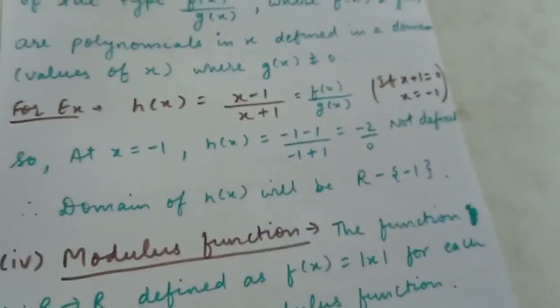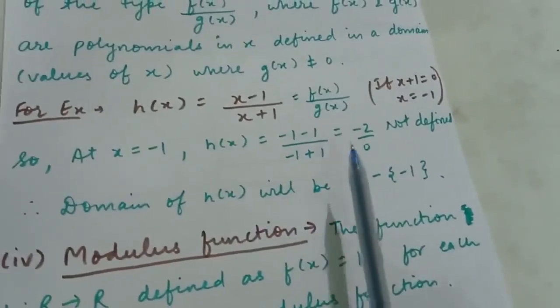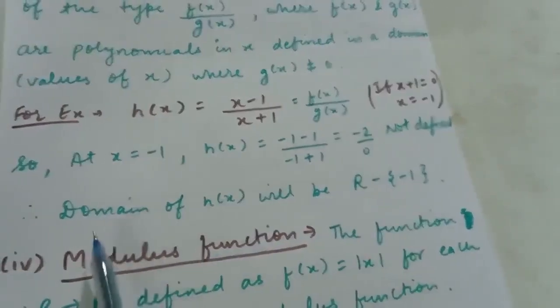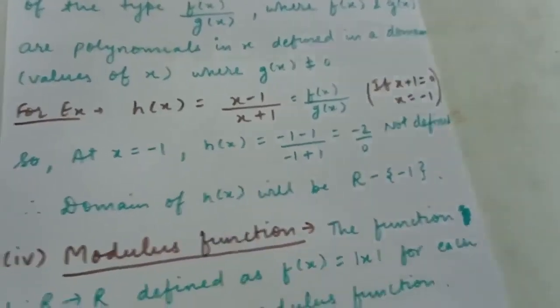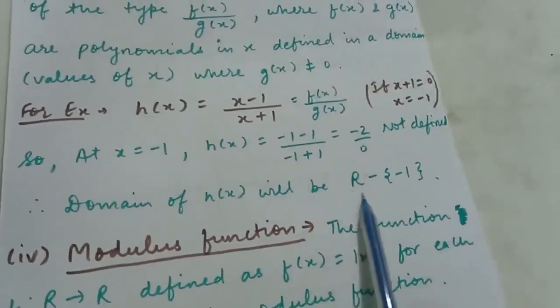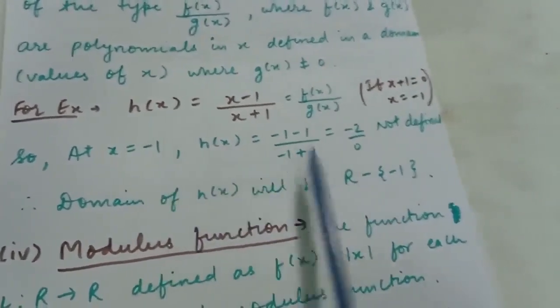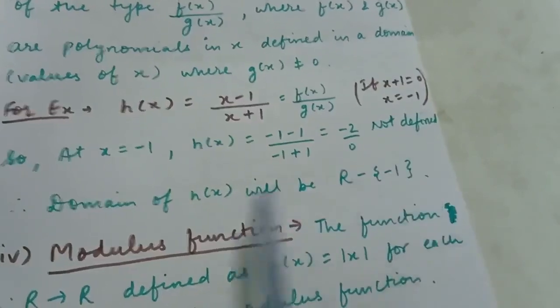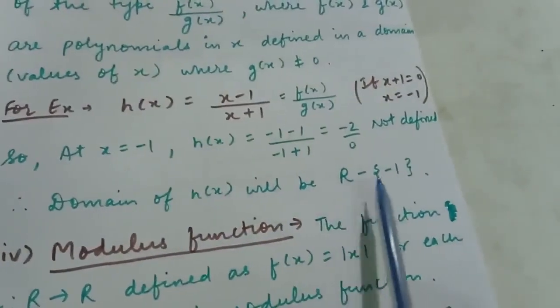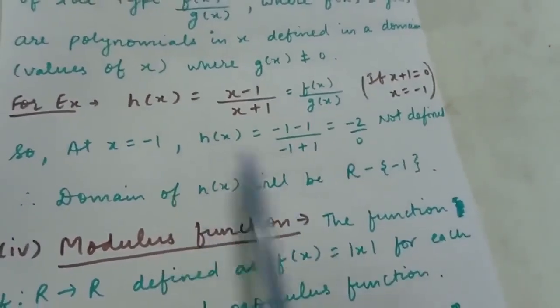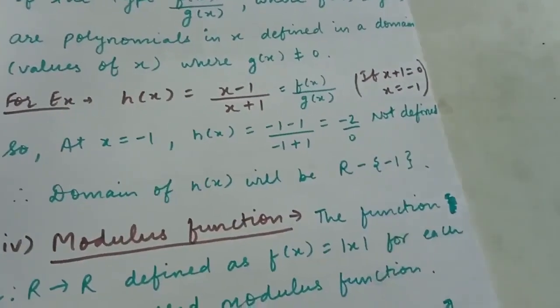That is, in place of x you put -1. So -2 upon 0, it is not defined. Therefore the domain of h(x) will be all real numbers except -1, because at x = -1 the function is not defined. So the domain will be all real numbers minus the value x = -1, right?